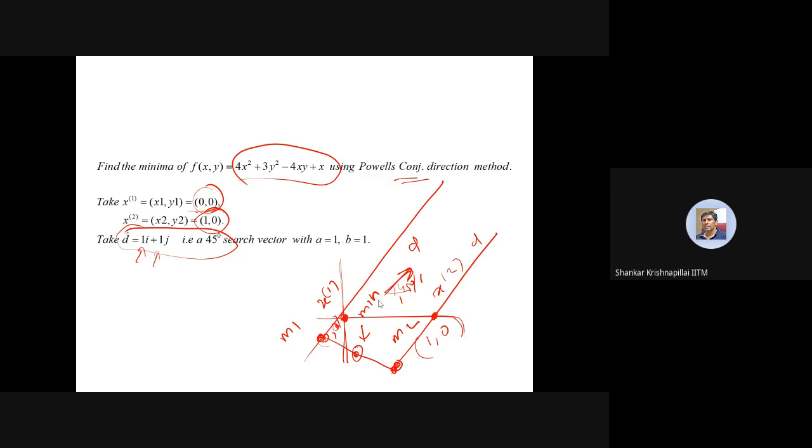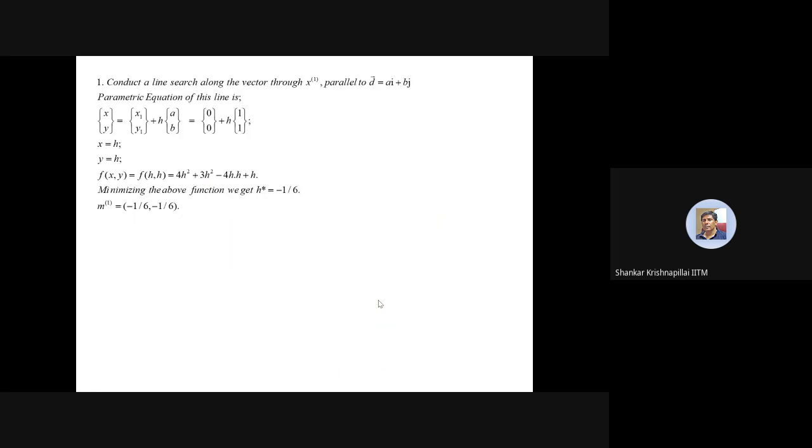Okay. So let us see. First is to conduct a line search of the vector starting from 0, 0 and parallel to D. So D is equal to 1i plus 1j. So what is the parametric equation of the line starting from 0, 0?